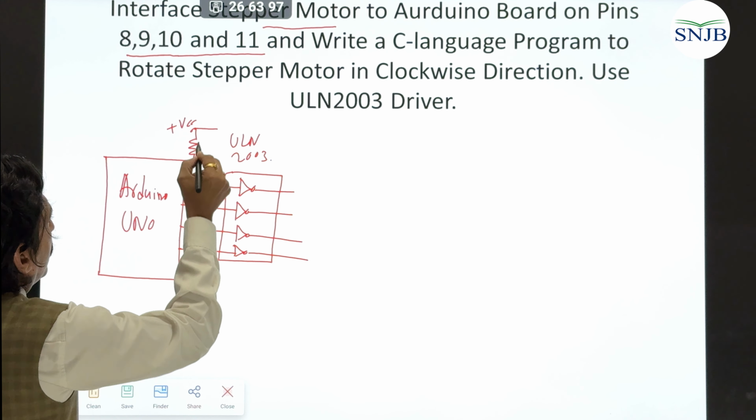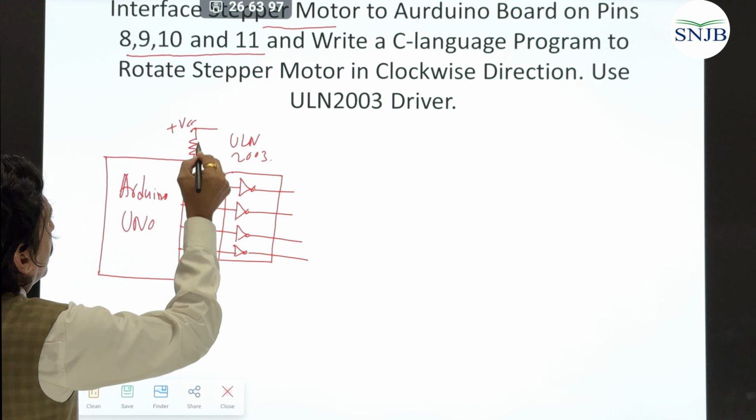Initially, if 8 is high and 9, 10 and 11 are low, then it turns on. And then this high moves to the 9th and low moves to the others. In the second step, if 9 is high and the rest are low, it rotates by one step.